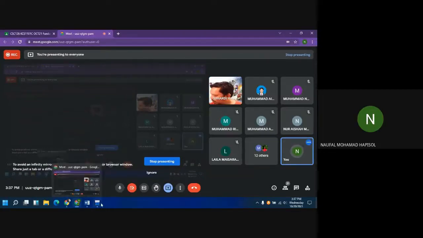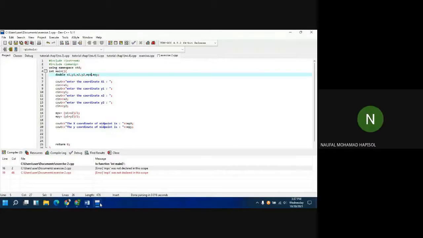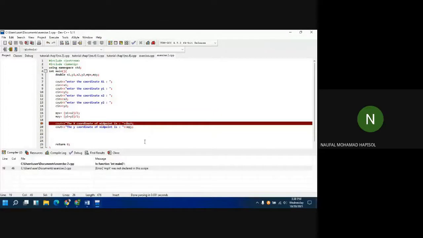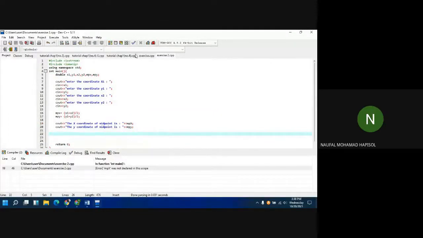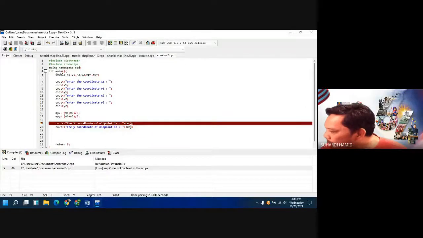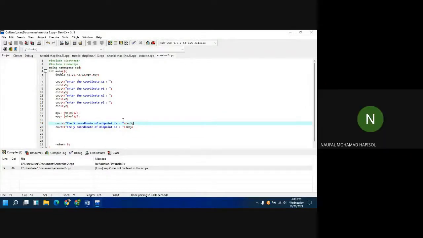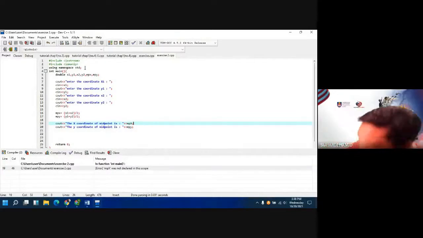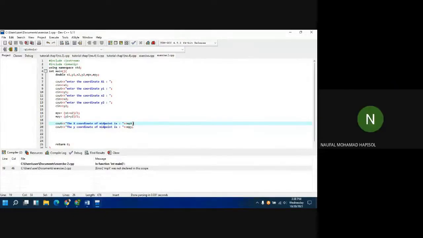Can you see? Yes, we can. Okay, now. Wait on progress. I'm stuck here. Why is that? Notice, what is the error? Read the error. The capital of X. Oh, big.